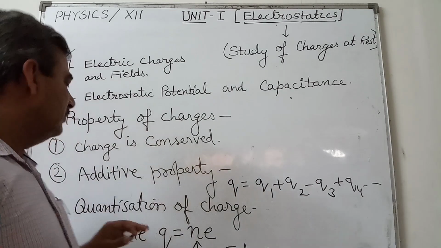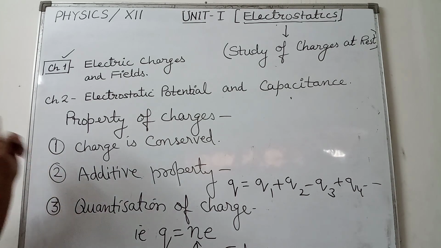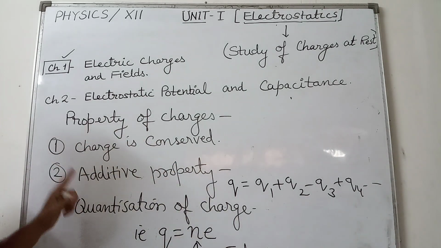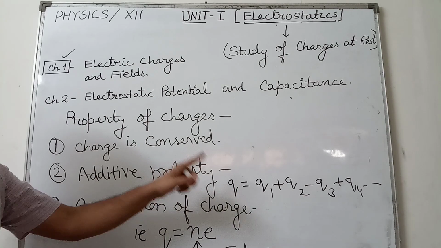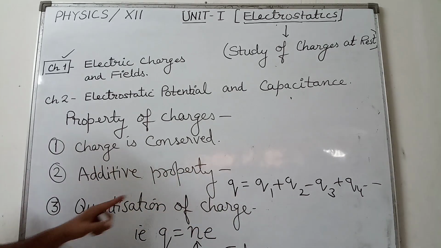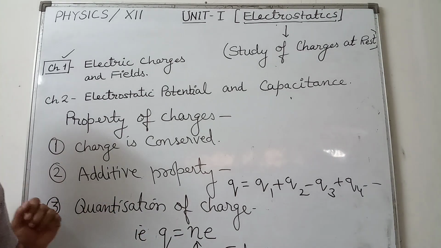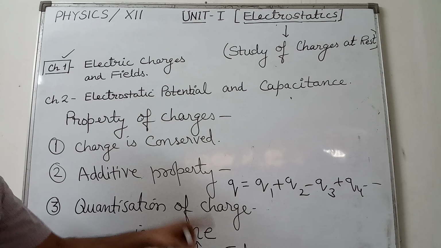As far as these properties are concerned, first, for an isolated system, charge is conserved. Second is the additive property, which is based on the scalar nature of charge. And the last and most important property is the quantization of charge, Q equals Ne, where N must be some integer.